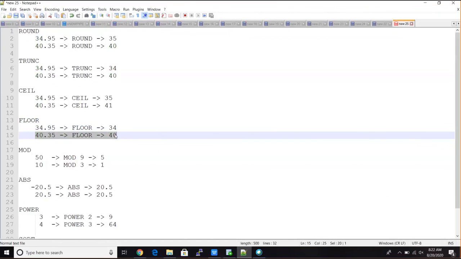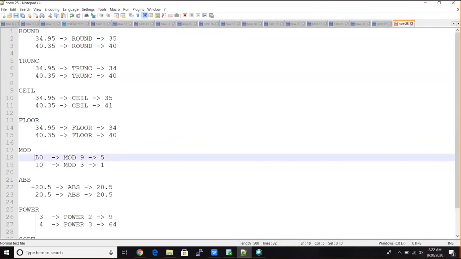Now let's come to mod. Mod means just doing modulus. If I do mod 50 of 9, what will happen? Just divide 50 by 9, and the remaining value will be 5.